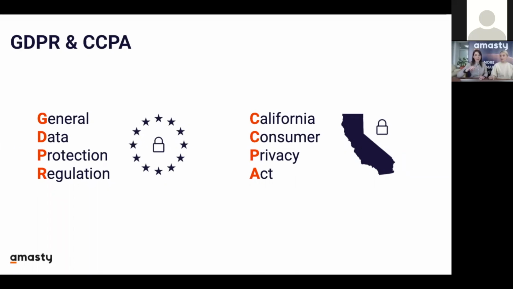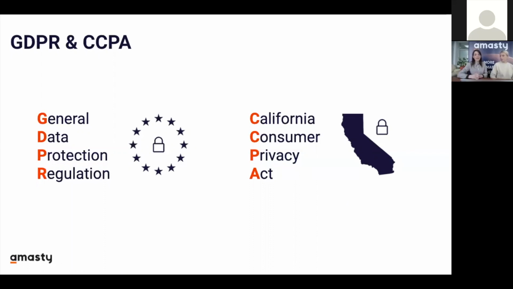The second criterion is companies that collect, sell, or purchase personal information from 50,000 or more households, individuals, or devices. And the third criterion is companies that derive 50% or more of their annual revenues from selling customers' personal information.